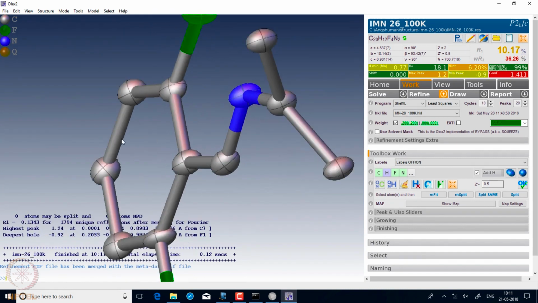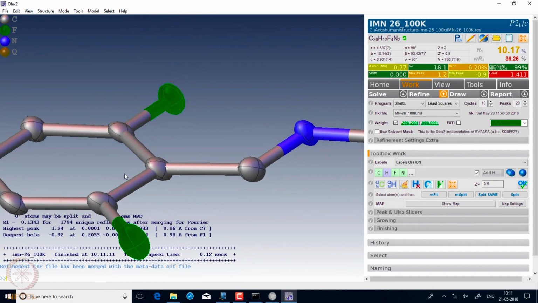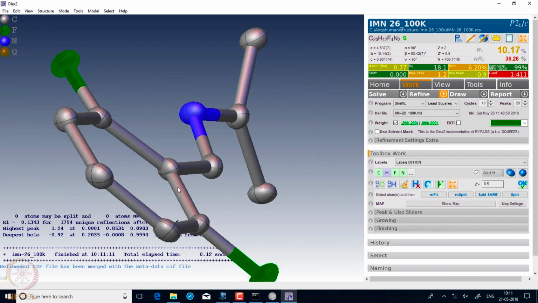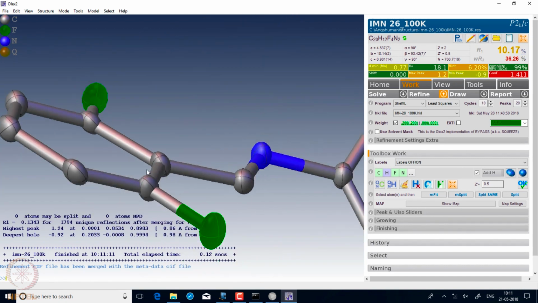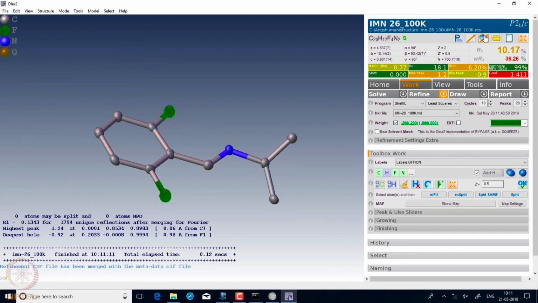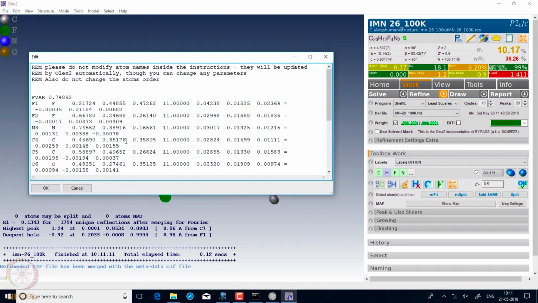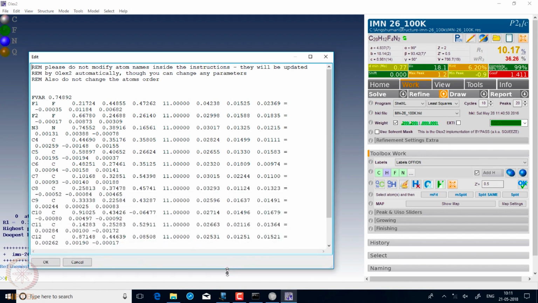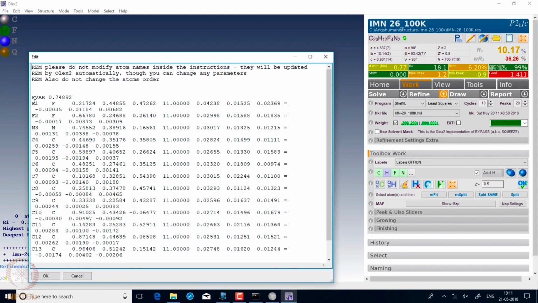Those ellipsoids represent the actual thermal motion of all the elements, all these carbon atoms or nitrogen, fluorine and all the atoms. So if we try to see their status, what you see here, now the numbers have increased.